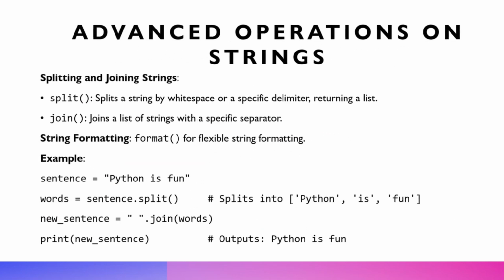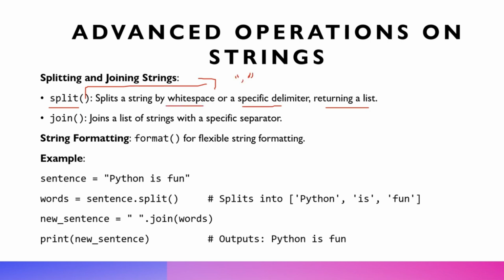Coming to advanced operations on strings, we use the split method to split a string by a specific delimiter, and it returns a list. In between the brackets, you can mention any specific delimiter. If you do not provide any specific delimiter, it will take white space as the delimiter.